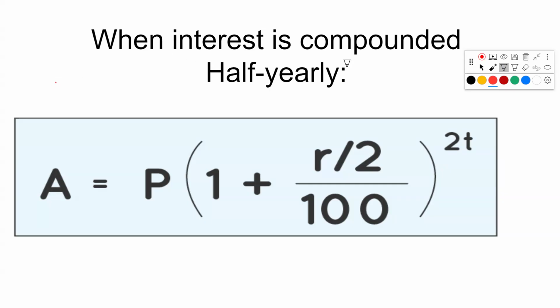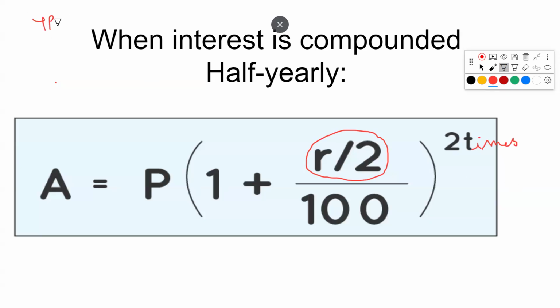When interest is compounded half yearly, now notice the change. Amount is P into (1 plus R by 2) to the power 2t. Why is the rate divided by 2? You need to understand. And why is it 2 here? 2t means 2 times you want to apply.